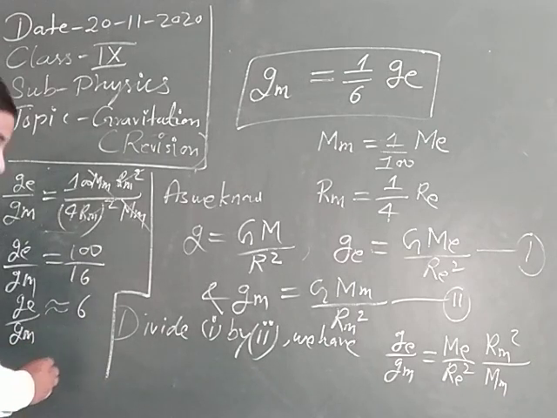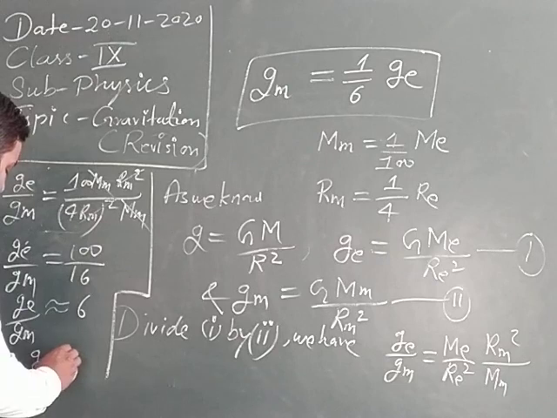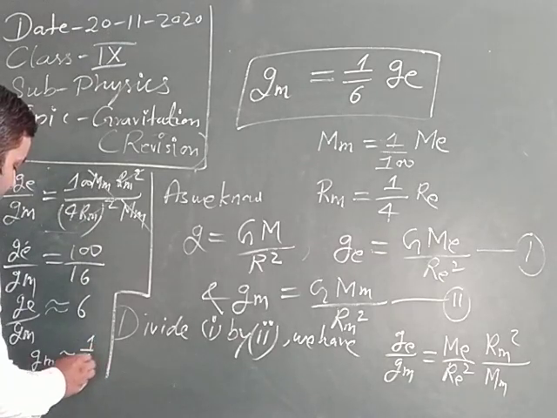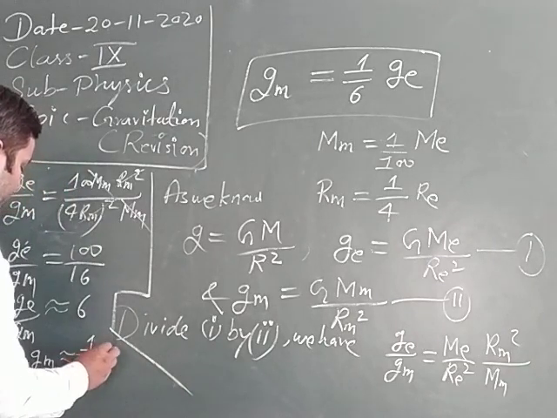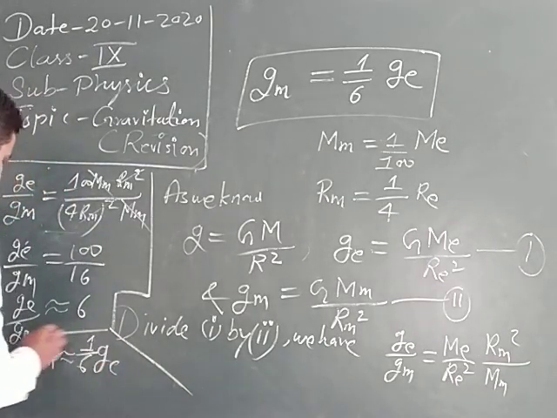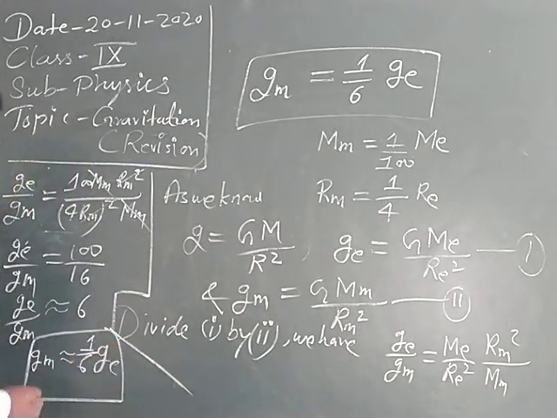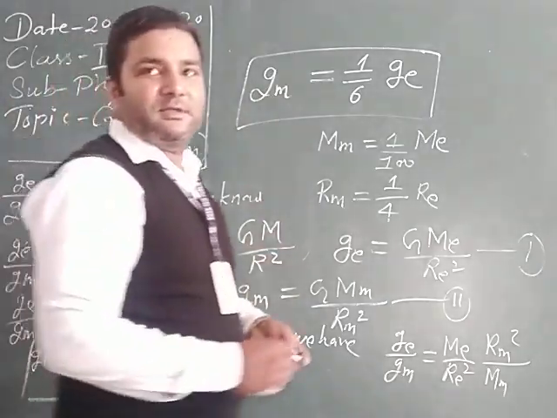Gm is approximately equal to 1 upon 6 Ge. This is the required result. Clear?